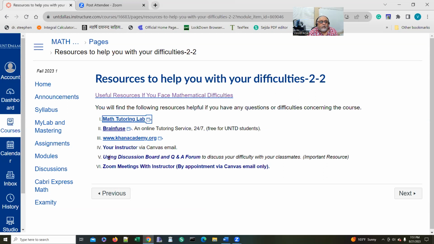And then another useful source is the discussion board, the one I was showing you. So if you are having any question from the course or homework assignment, you can put that question in the discussion question and answer portal, and one of your peers who might have done the question or who would know the solution can answer you very quickly.